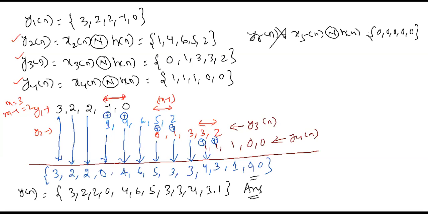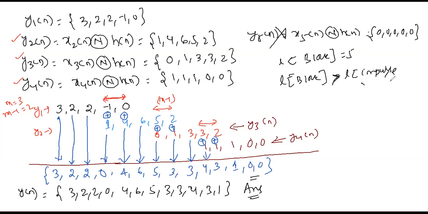Now your task: here I took the length of the block as 5, yes or not? I said the length of the block must be greater than the length of the impulse response.